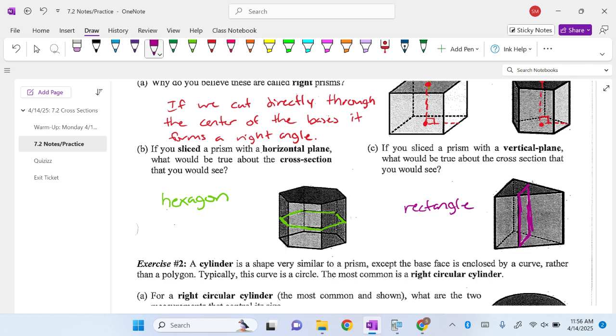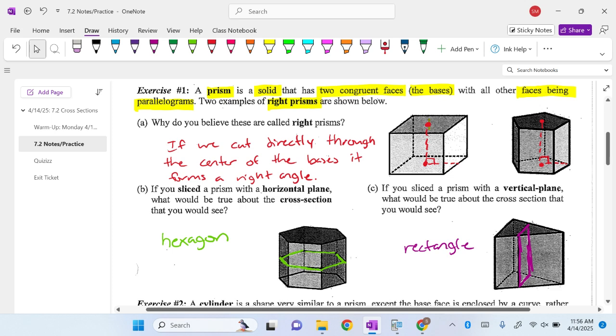All right, so typically, depending on the bases of the prisms, if you're cutting parallel to the base, it'll become the shape of whatever the base shape is. So if it's a hexagonal prism, it'll become a hexagon. If I cut the one that looks like a pentagon at the top, just straight through parallel to the base, meaning it doesn't go through the bases, it'd be a pentagon.